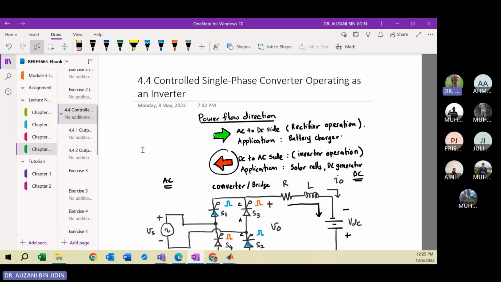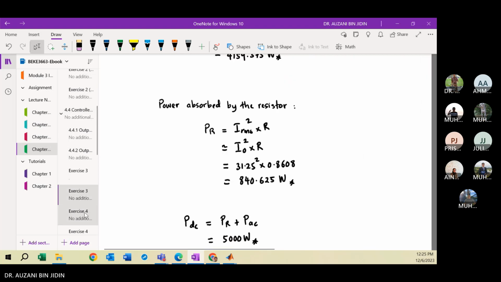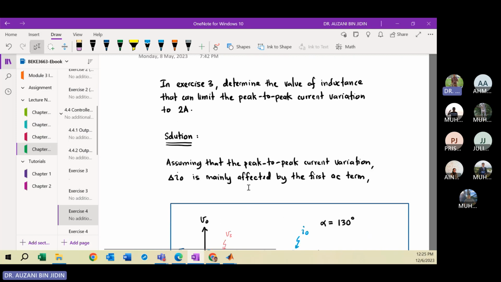That's why the first AC term is 2. So the first AC term is when the order of harmonic is N equal to 2, which means I2.